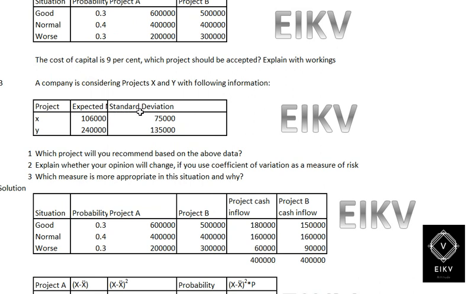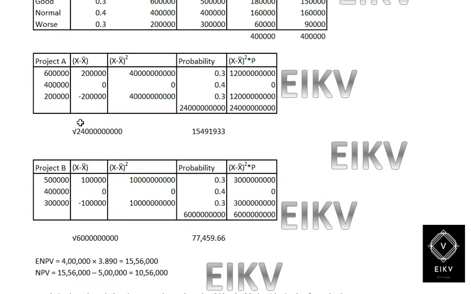They have asked us to classify which project is much better with the standard deviation. So when we check the standard deviation, we can analyze that project X is much less riskier than project Y. So 75,000 is much lesser than 1,35,000, which is the risk of project Y. So we can select project X.